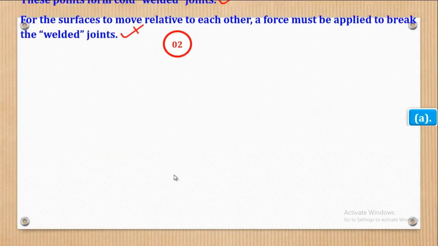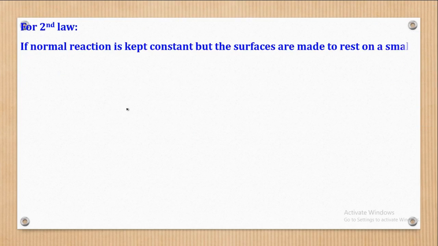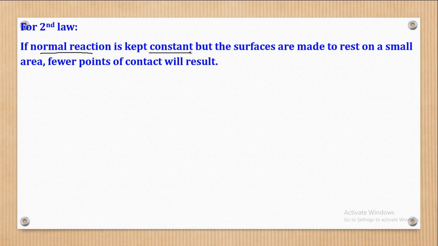Now let's go to the second law. So the second law shall say if normal reaction is kept constant but the surfaces are made to rest on a small area, fewer points of contact will result.